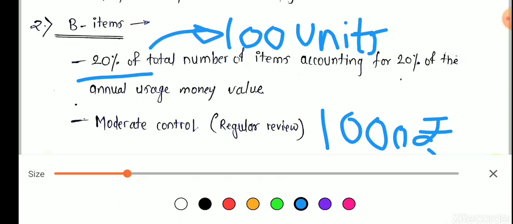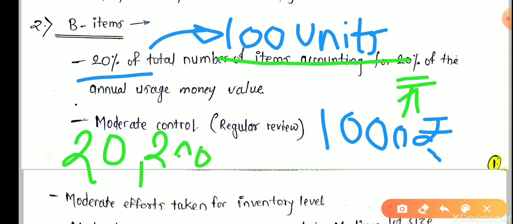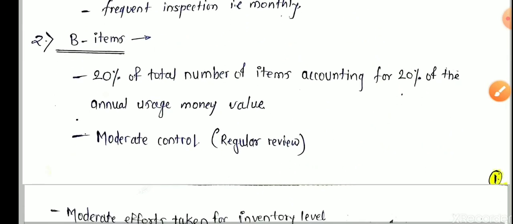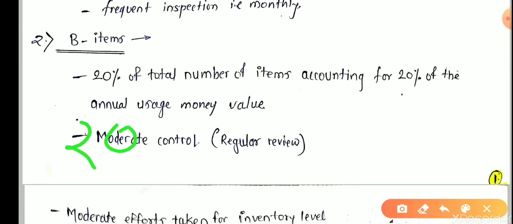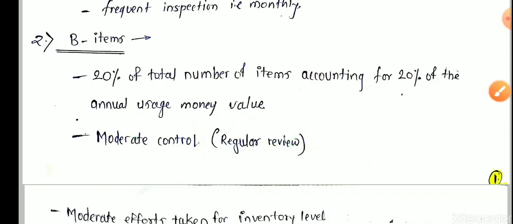These 20 materials from the 100 units get 20% of the cost, which means 20 items give 200 rupees.